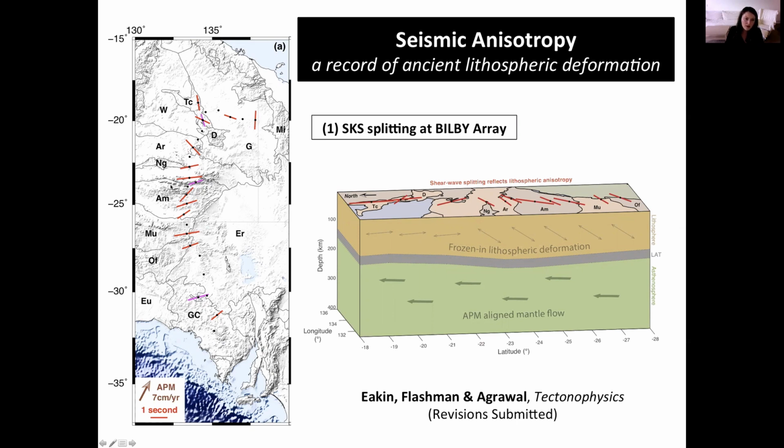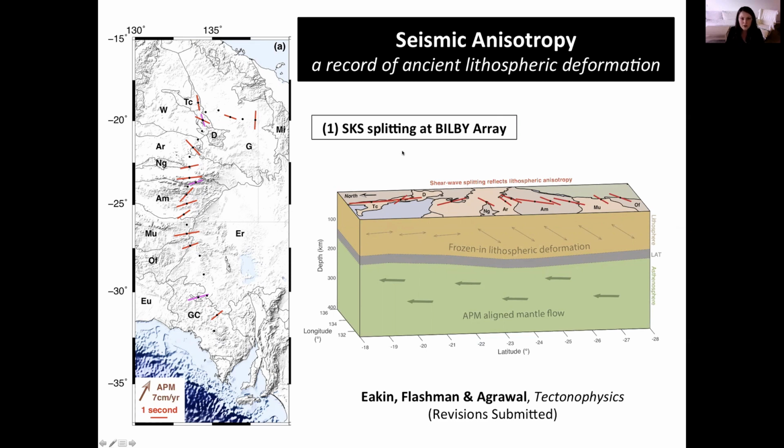And what we find is that the fast anisotropic directions in this region were commonly coming out as being orientated east-west. So that's the orientation of these red bars. And they correspond very nicely to the geometry and orientation of the different crustal blocks and geological provinces in this region, as well as the prominent gravity and magnetic anomalies.